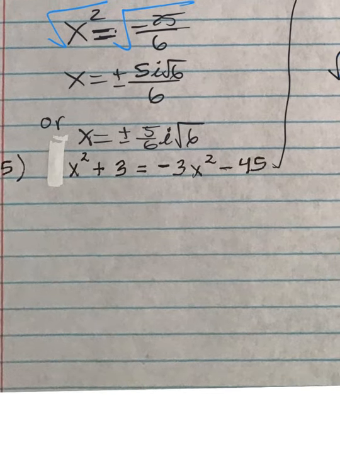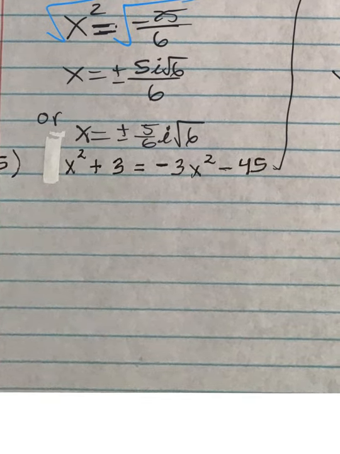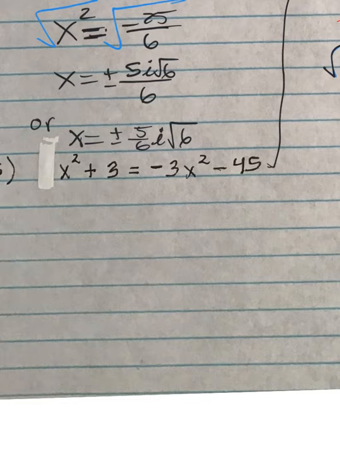So here we have this equation, and don't we want to get all the quadratics on one side? So sometimes if you're unsure, you can put everything on one side and then kind of analyze it. So if I added 3x squared to both sides, it makes sense to put all my x squareds on one side. That gives me 4x squared plus 3 equals negative 45.